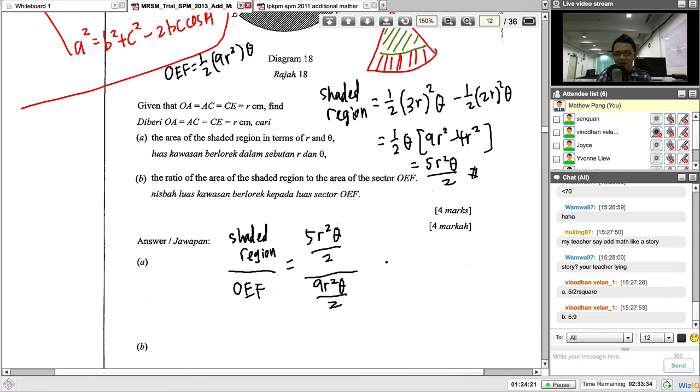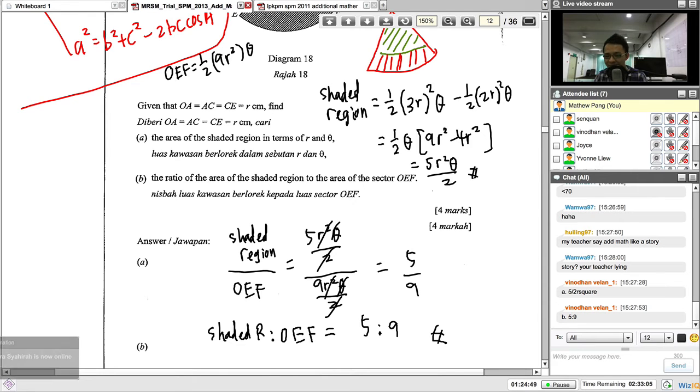Divide: the 2 and 2 cancel out, theta and theta cancel out, R squared and R squared cancel out. So it's just 5/9 for the shaded region to OEF. Good job, you got it correct for both.